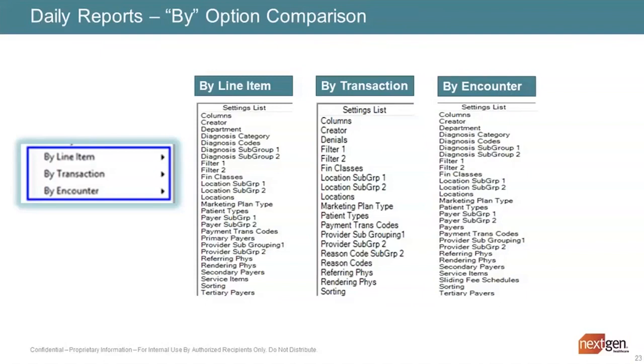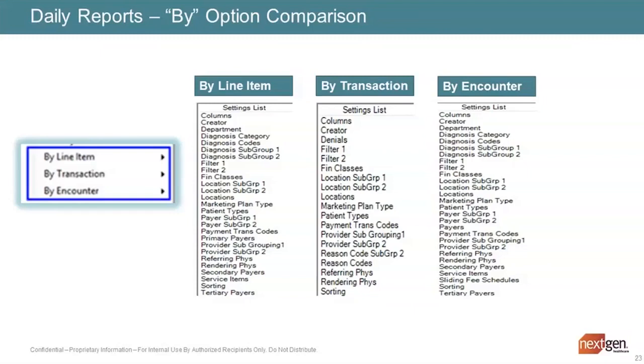If you're looking for a specific CPT code, if you click on line item, you're going to see in the columns, yeah, I can get the CPT code information. If you click on by transaction and you're looking for CPT code, yeah, okay, that's available. By encounter, is that in there? Maybe not. Encounter level may not have service items.